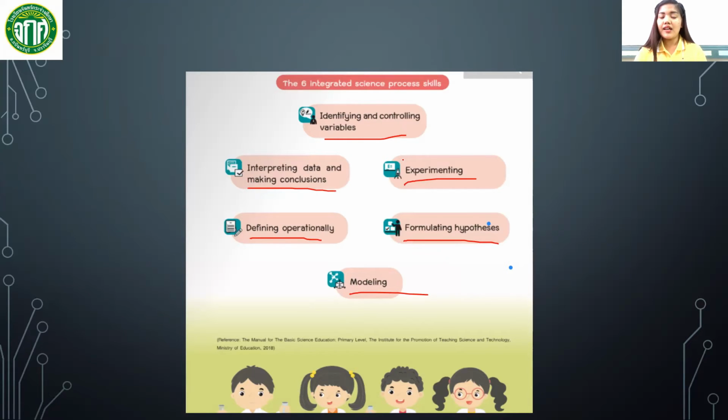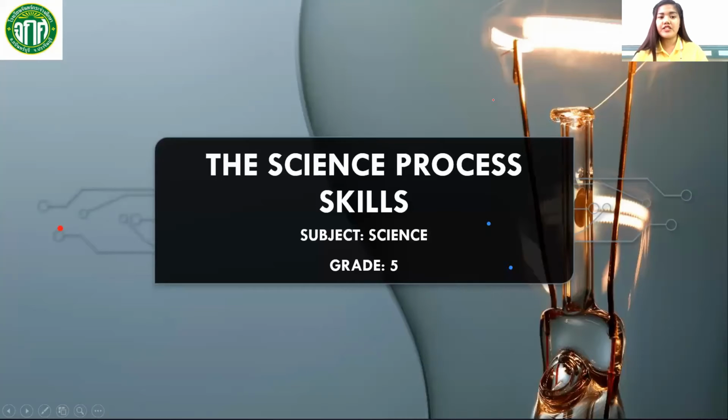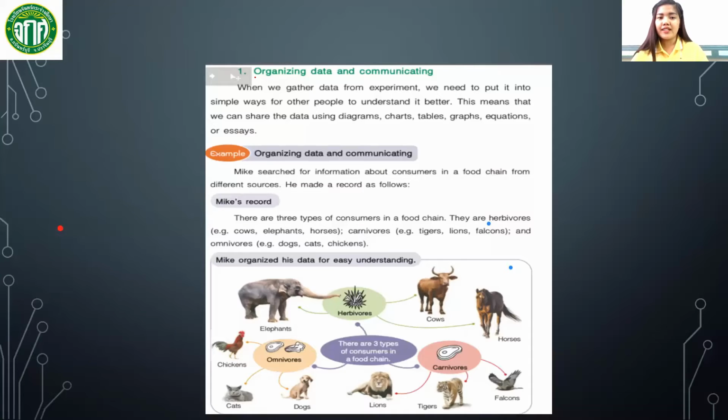Okay, now let's further look into it. Right, so first we have number 1, organizing data and communicating. So how is organizing data and communicating? When we gather data from an experiment, we need to put it into simple ways for other people to understand it better.